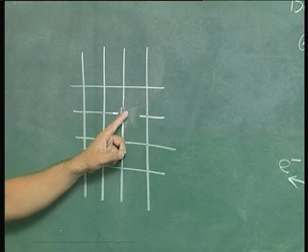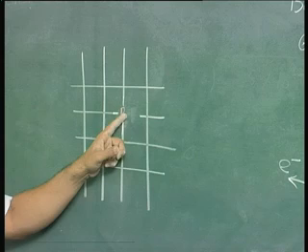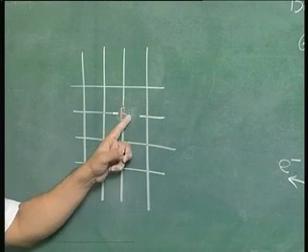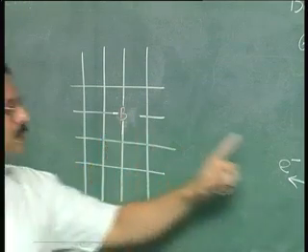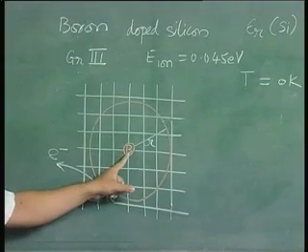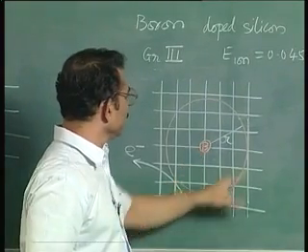Now this particular picture of a boron atom without an electron or a broken bond can be regarded as equivalent to this picture of a boron atom negatively charged with a hole revolving around it. How can that happen?